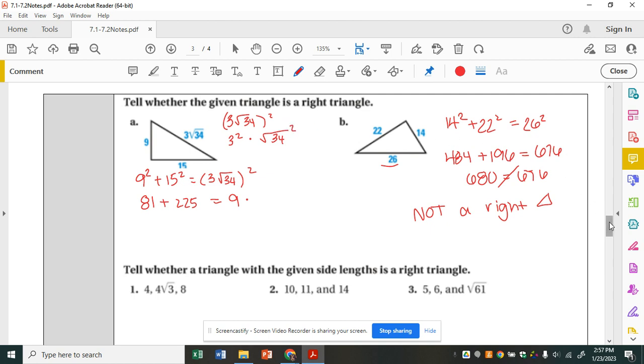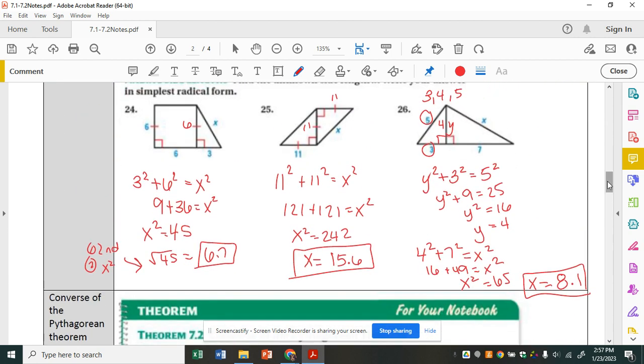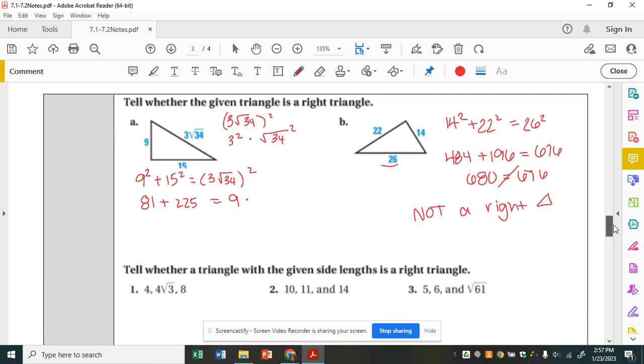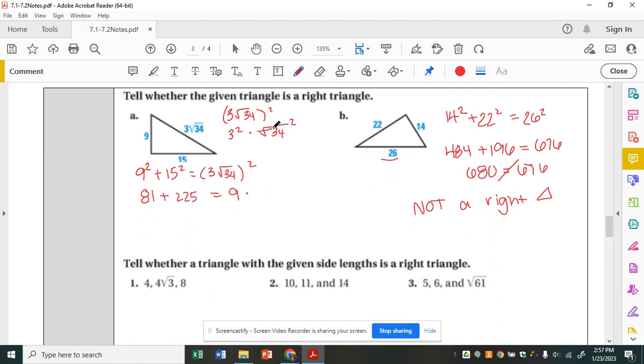That's why up above when I did x squared equals 242, I took the square root to get this answer here. It's because the square root and the exponent of 2 cancel each other out. So right now, when I square 3 square roots of 34, the 3 squared is 9. I'm left with just the number underneath that radical when I square that radical.